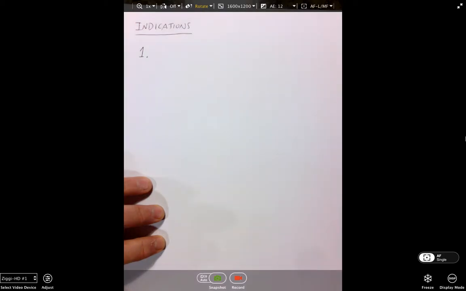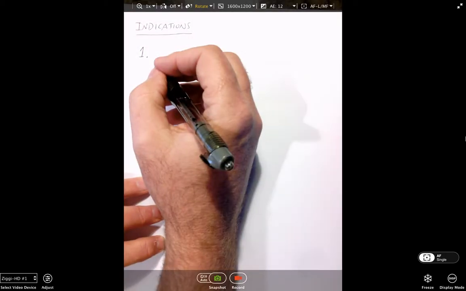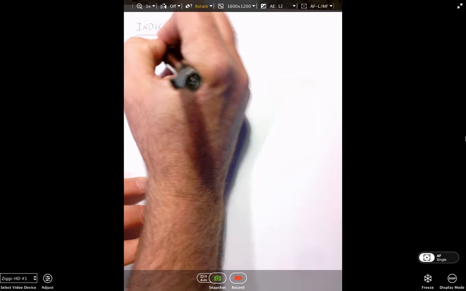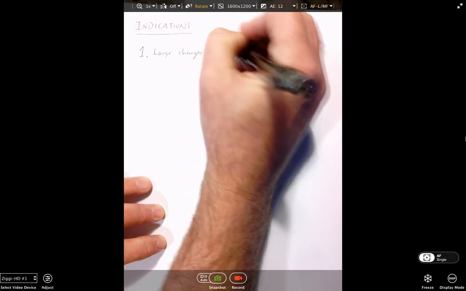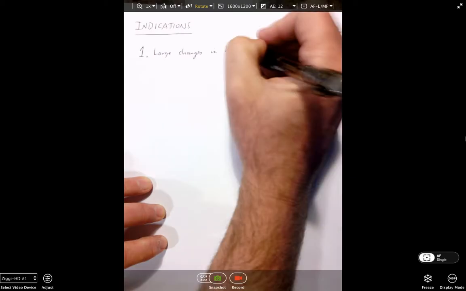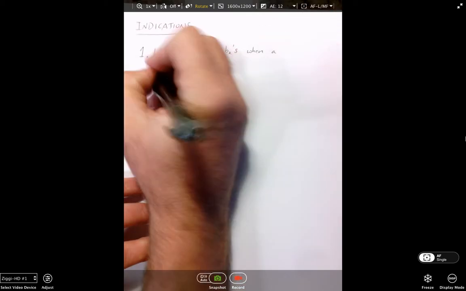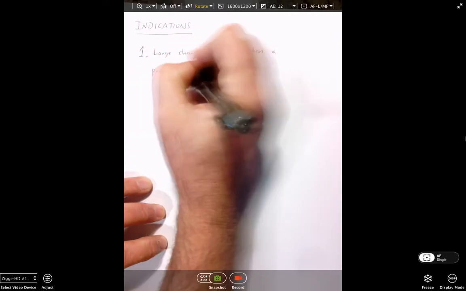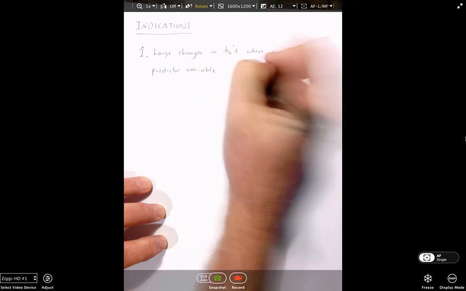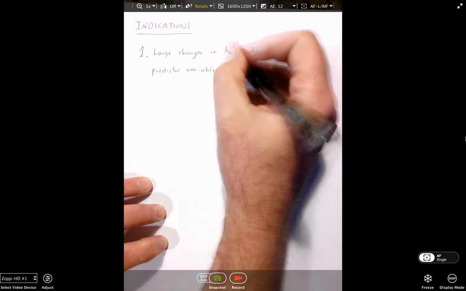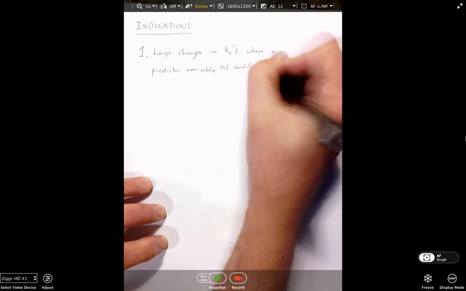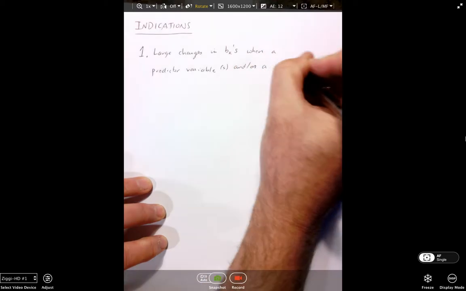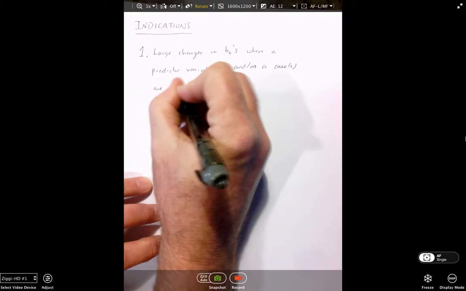One indication of multicollinearity, something that we can observe, is large changes in our beta sub k's when a predictor variable or variables and/or a case or cases are added or deleted.